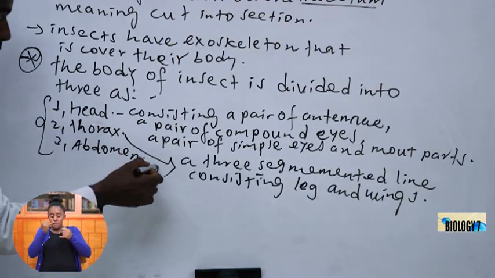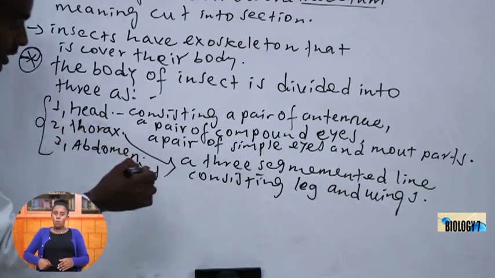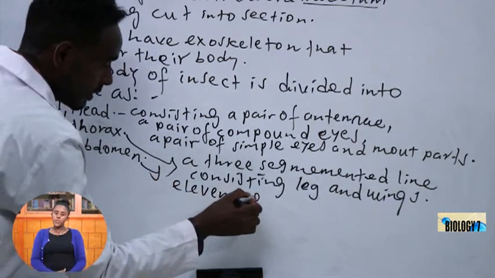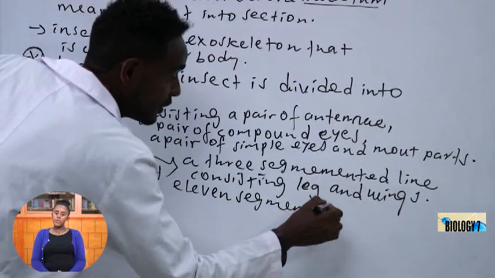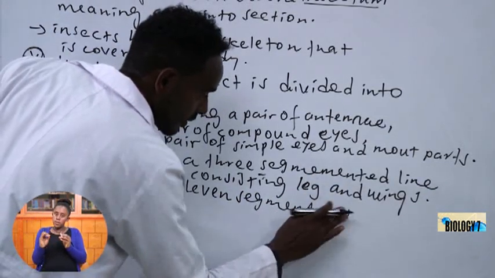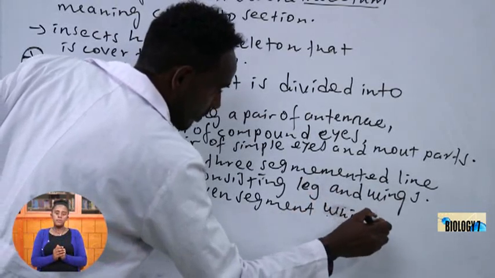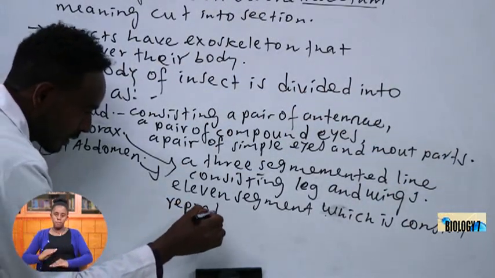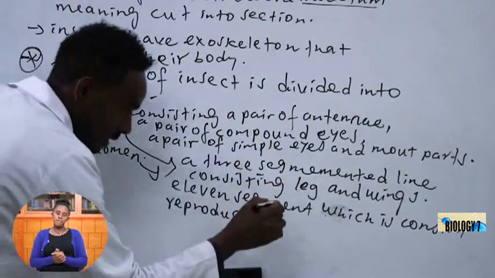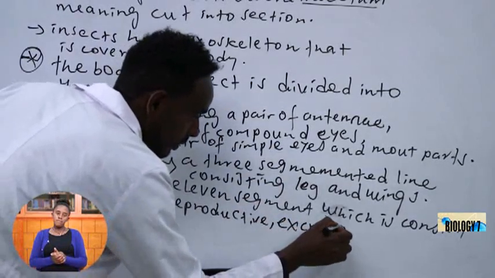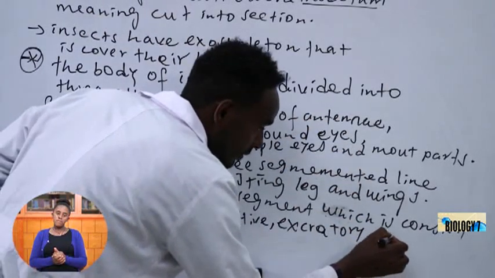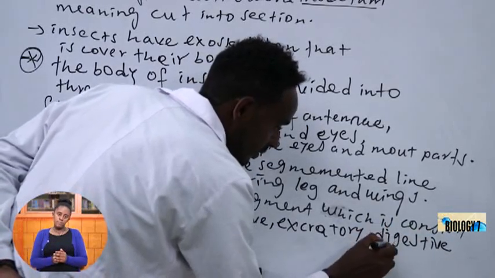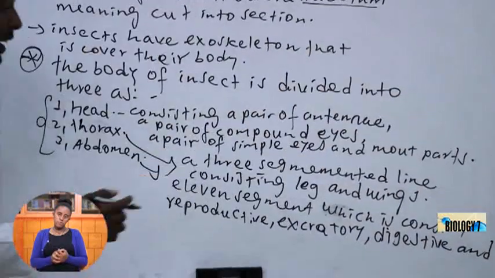The last body part of an insect is called the abdomen. The abdomen has 11 segments, which consist of the reproductive, excretory, digestive, and respiratory organs.